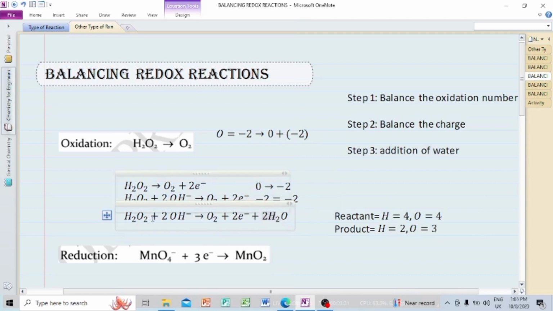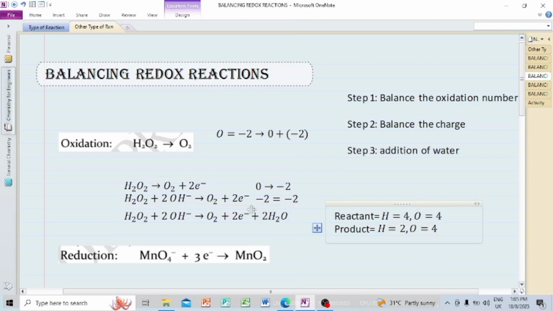Here in the reactant side, meron tayong 2 plus 2 hydrogen, so we have 4 hydrogen. Dun sa oxygen naman natin, we have 2 here, so 4. Okay na. Dito naman sa product side natin, we have 2 atoms of oxygen plus 1 times 2 is 2. So, meron na tayong 4 oxygen.